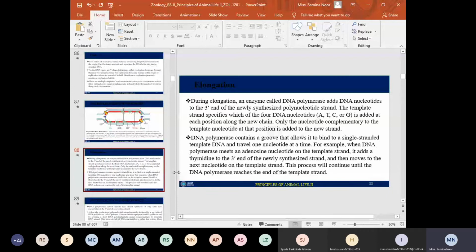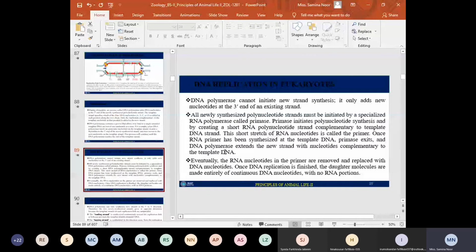DNA polymerase always adds the nucleotides at the 3' end of an existing strand. So DNA polymerase cannot initiate new strand synthesis; it only adds new nucleotides at the 3' end of an existing strand.